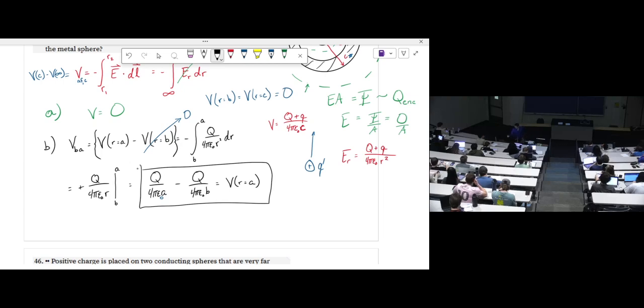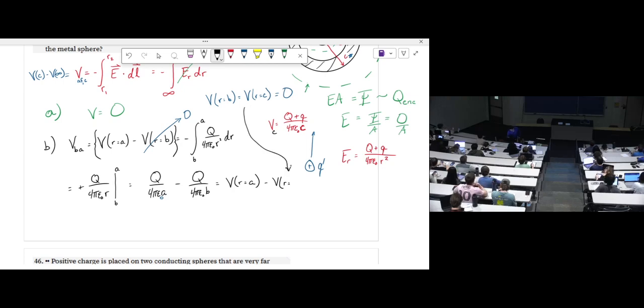If we had a non-zero potential at C, so V sub C is equal to this other case that we had right here, you would end up getting that from this integral, V at R equals A minus V at R equals B, but B and C are the same or equal to each other.